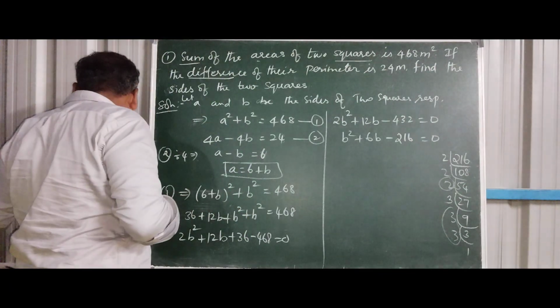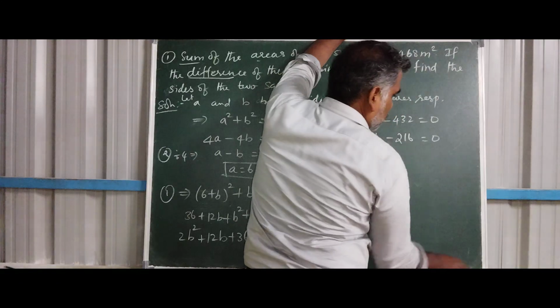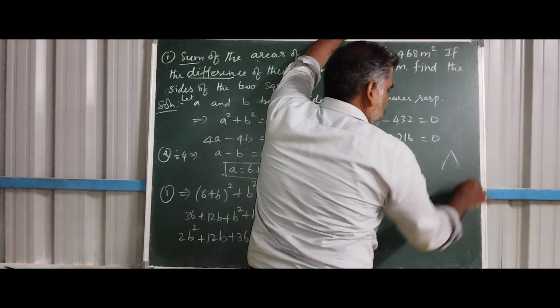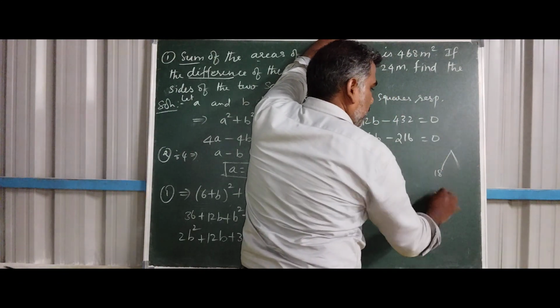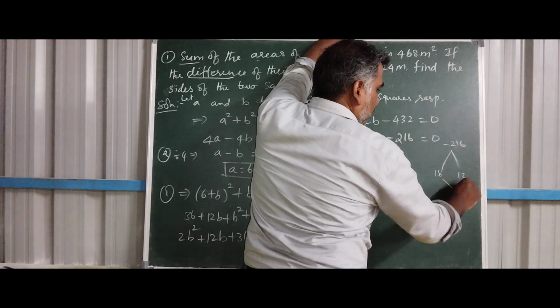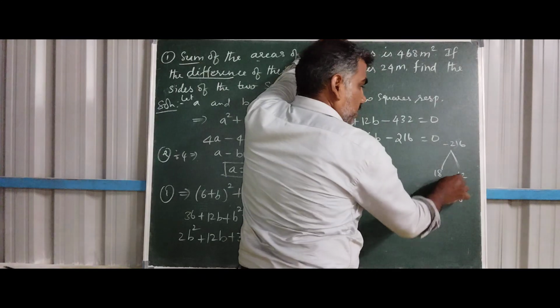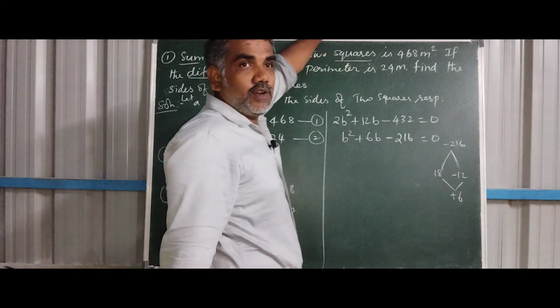So you can easily identify it this way. So now it is 18 and 12 and minus 216, and our answer must be positive. The addition is positive 6. Therefore you must have a negative sign.